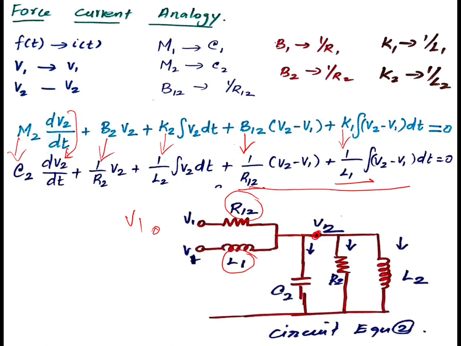In addition to these two, we have a capacitor, inductor and a conductance. So the inductor is parallel with the resistor, that is 1 by R2 conductance, and C2. So this is the circuit.